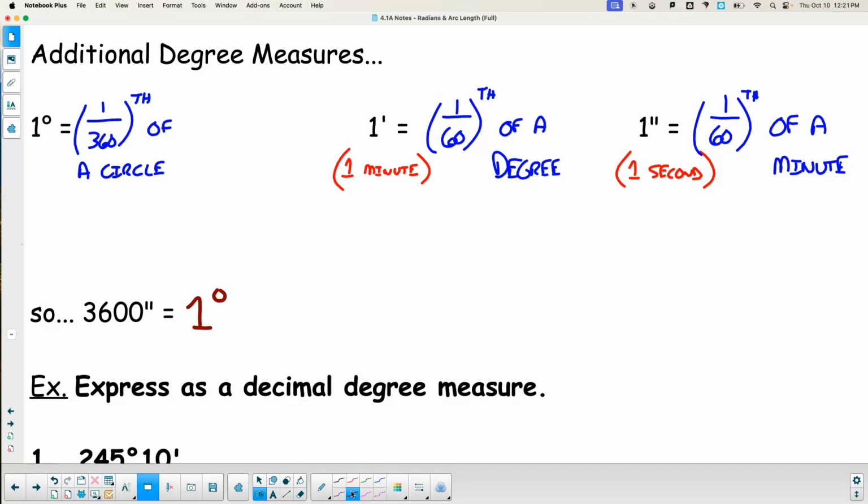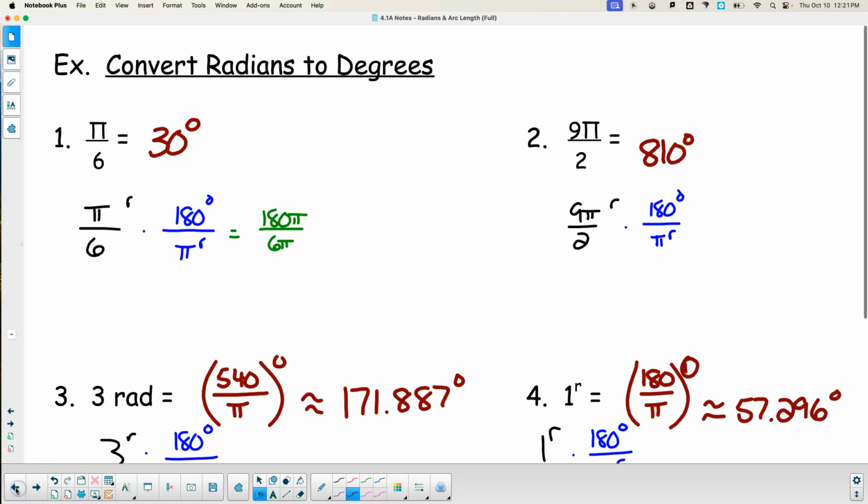Okay? The reason I say that is because to give a degree measure, there are 2 different forms it could take. The first form is the form that you're used to. It's called decimal degrees. It is literally like it says. It is a degree written out in decimal form.